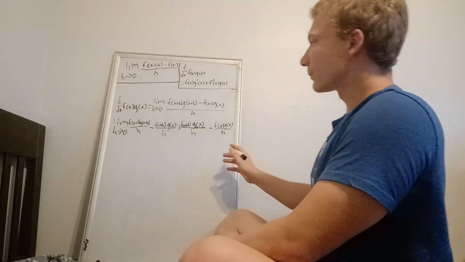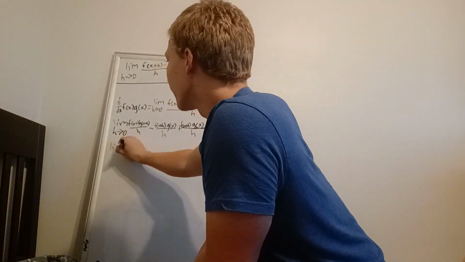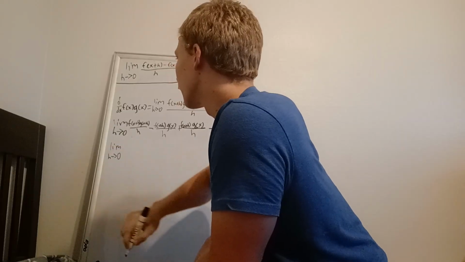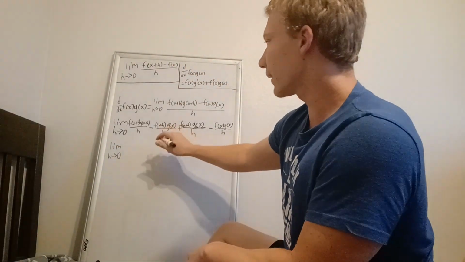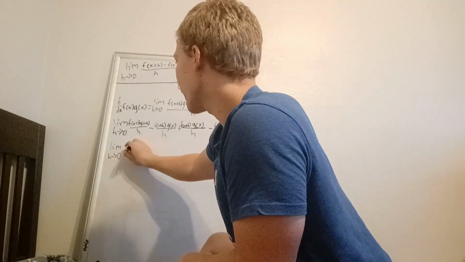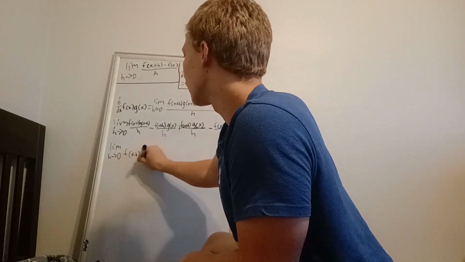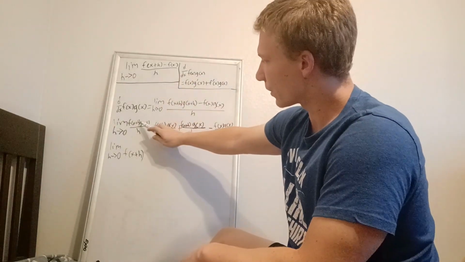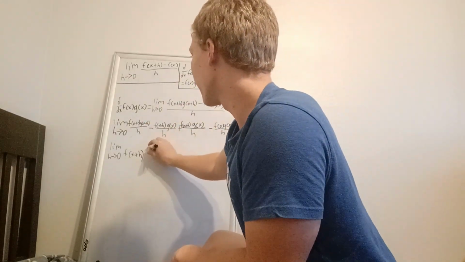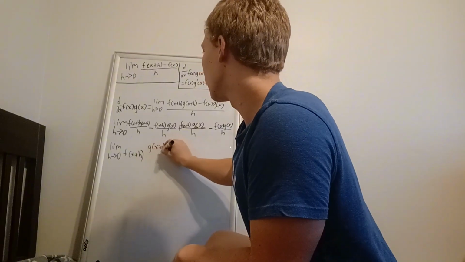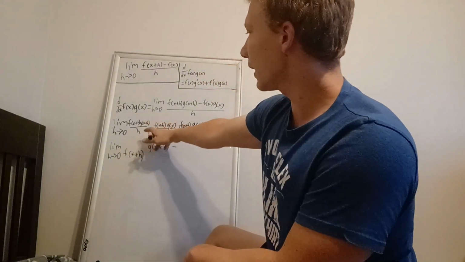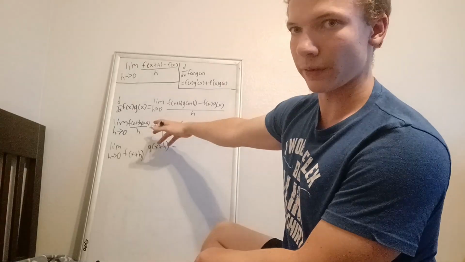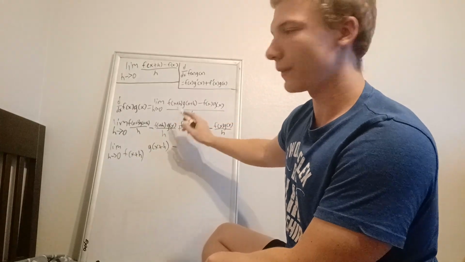Okay, so now we're going to carry this limit down, and then we can factor an f of x plus h out from this. Now what we get left with is the g of x plus h here, and then minus, factor out the f of x plus h, we get just g of x here.